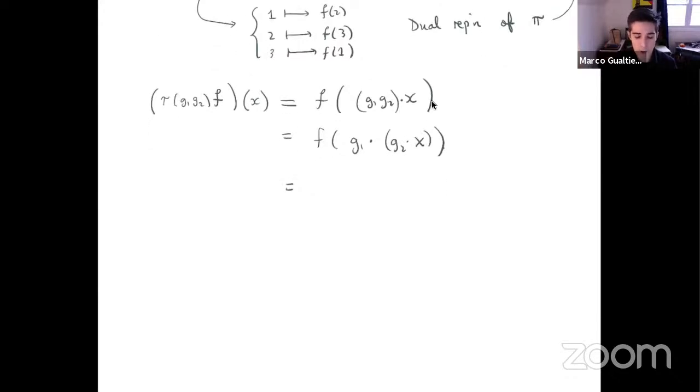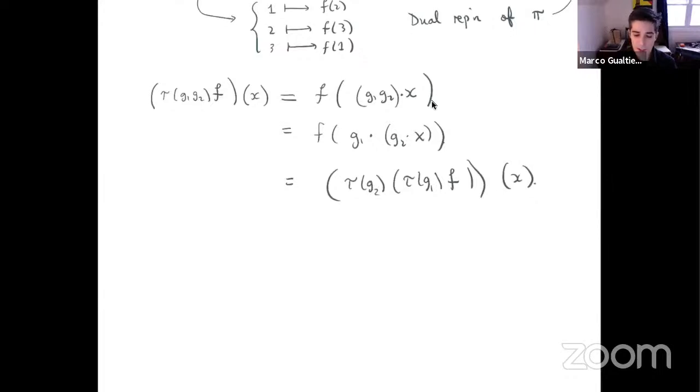And so this can be written as tau of G1 acting on tau of G2 on F. Excuse me, sorry, this should be the other way around.